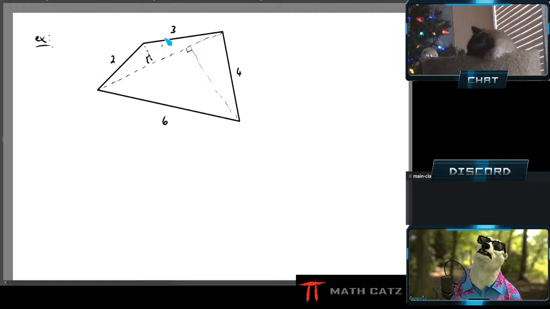I have this top very obtuse triangle, and I have this bottom one. They could do that. Or they could tell me maybe this line is parallel to the bottom one. Now I can see, ooh, I can break it up as a triangle and a trapezoid. That'd be nice.